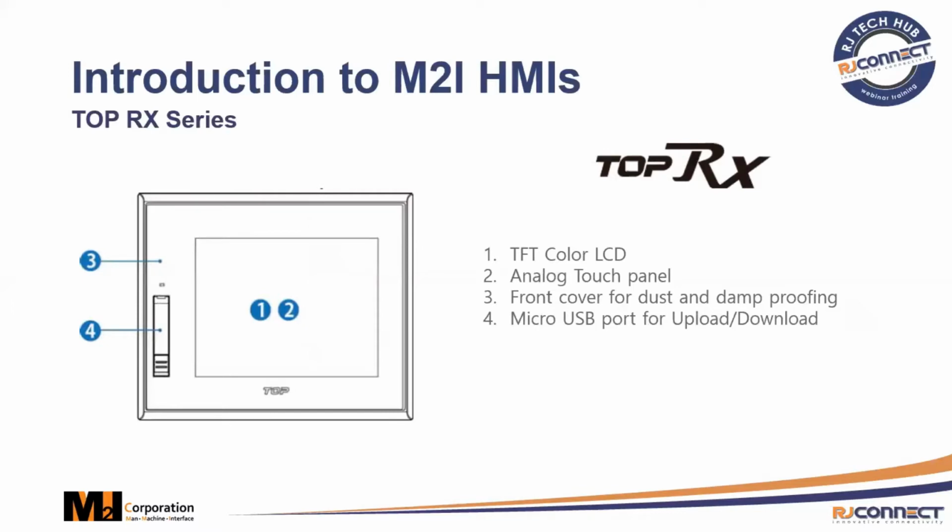Then when we go to the front, we'll see a TFT color panel LCD, analog touch panel, front cover for dust and damp proofing, and then also a micro USB port in the front to upload or download your HMI program.